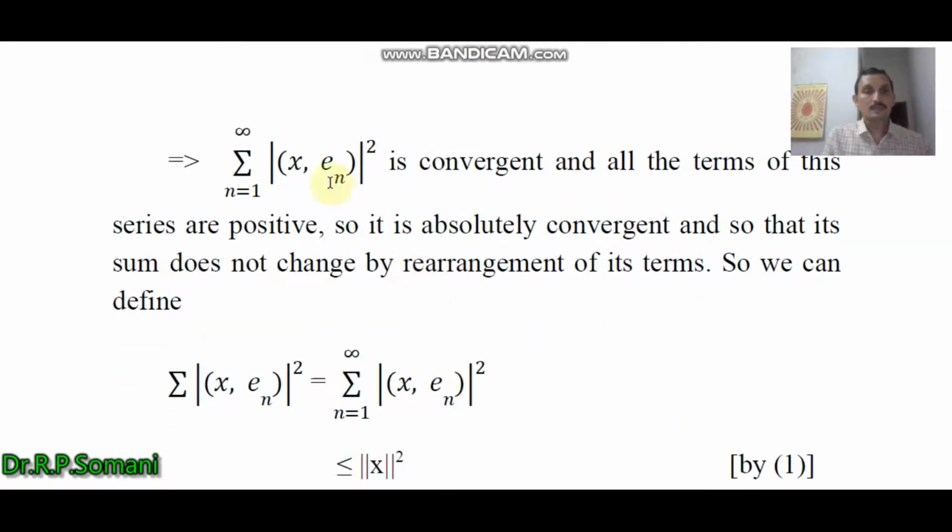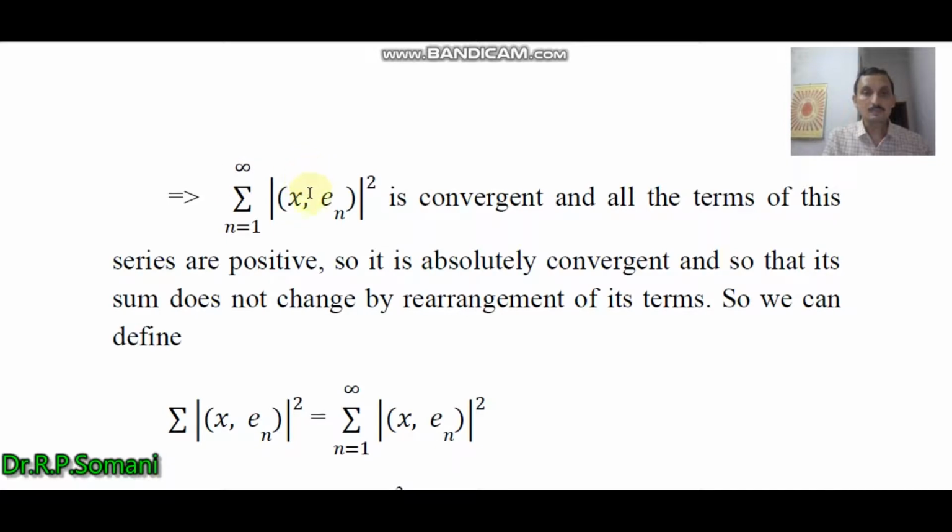Now this implies that the summation, n varying from 1 to infinity, of modulus ⟨x, e_n⟩ squared is convergent, and all the terms of this series are positive, so it is absolutely convergent, and so its sum does not change by rearrangement of its terms.